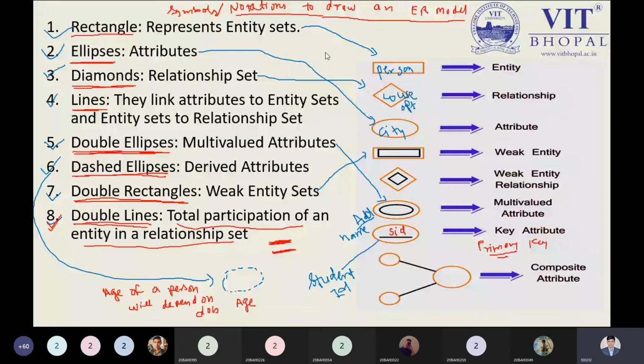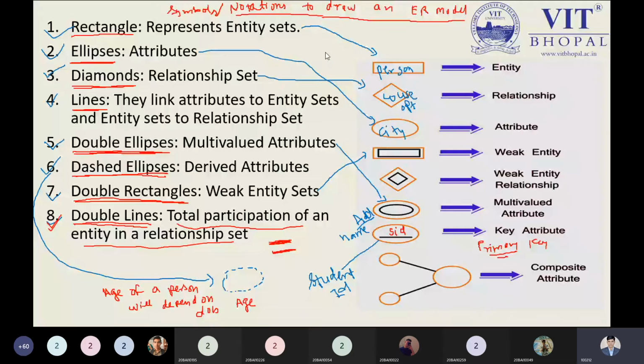The gap could be 30 years or 40 years, so the age can be calculated automatically. So age is our attribute that is calculated by choosing the appropriate date of birth. Date of birth is one attribute and age is another attribute. So age is derived from the date of birth attribute.